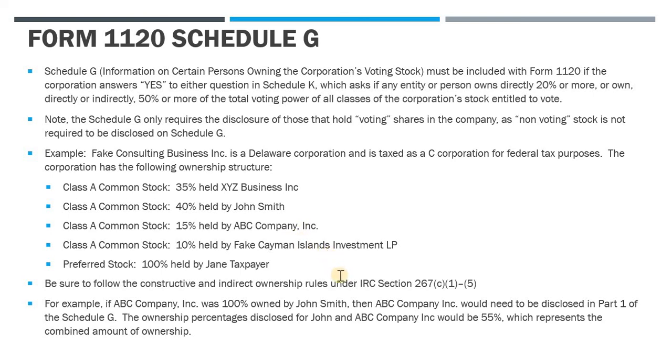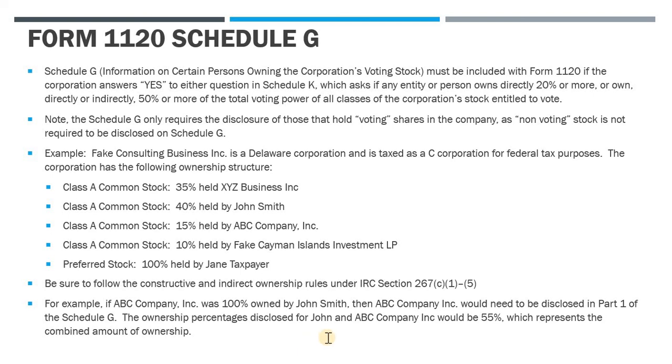If that were the case, then ABC Company Inc. would have to be disclosed in Part 1 because of the attribution, the indirect and constructive ownership. So even though ABC directly only holds 15%, we can say that John indirectly holds more than 40% via this company, and so that information would be disclosed.